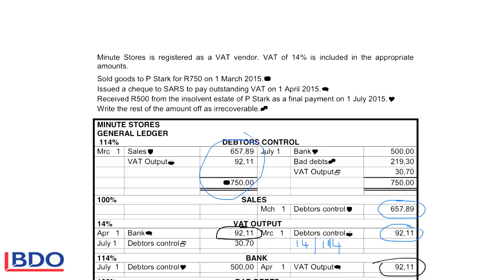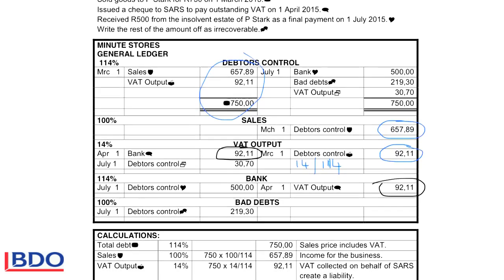That means that we don't receive the total amount. We only receive 500 Rand of that amount. So it means that I have to show that the bank is debited with the actual amount received, and debtors control is credited with the 500.